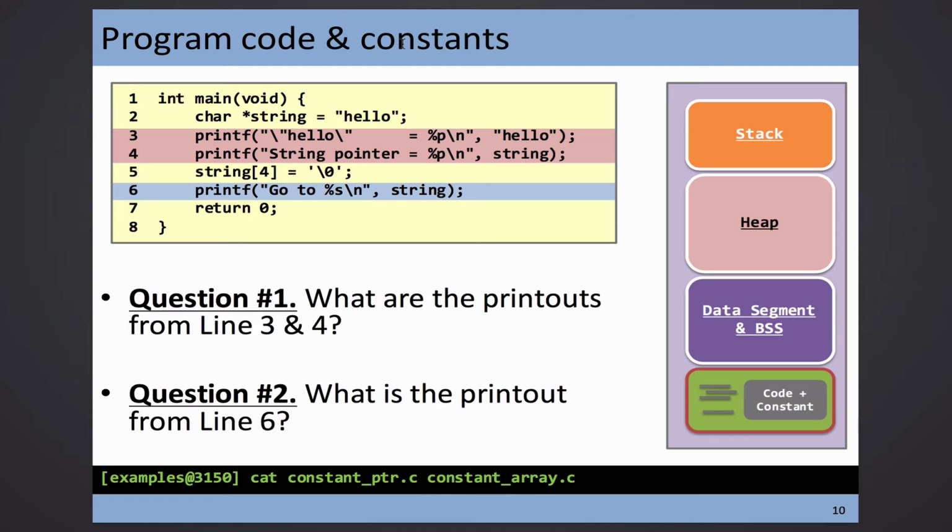Then I ask you these questions. After line 5, what will happen? Now, let me give you some options first. First, I cannot compile, so I cannot run it. Second, why can't I compile? Because you are assigning through a pointer to a constant.